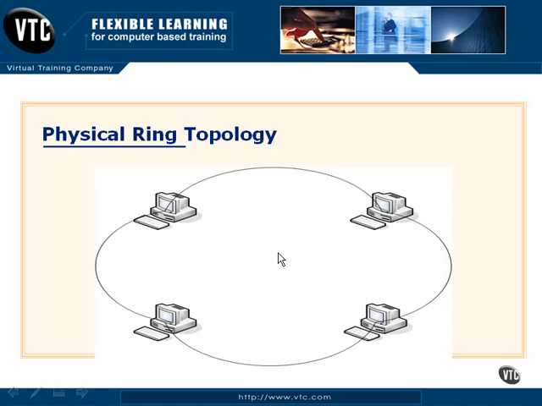Next is the physical ring topology. This is another older technology, and it's kind of making a comeback today in a different form. The physical ring topology basically has a connector on each computer that loops to the next computer, and your data has to complete this circle or you'll lose connectivity. One of the big drawbacks used to be a very low data transfer rate.